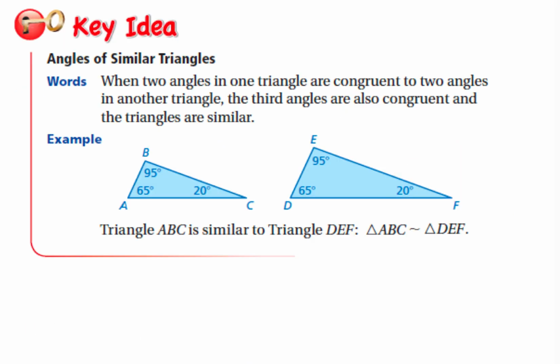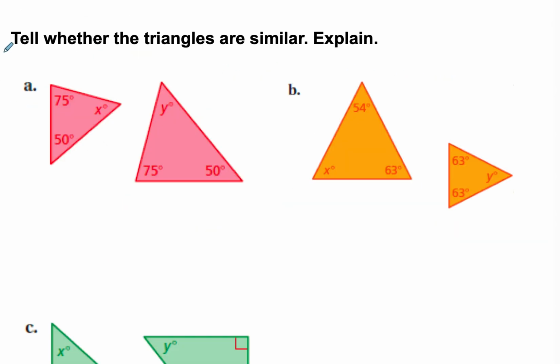And in that last one, I'm going to go back. It says if two angles in one are congruent to two angles in another, then the triangles are similar. So are these two similar? Yes. Actually, I'm going to be more specific here.